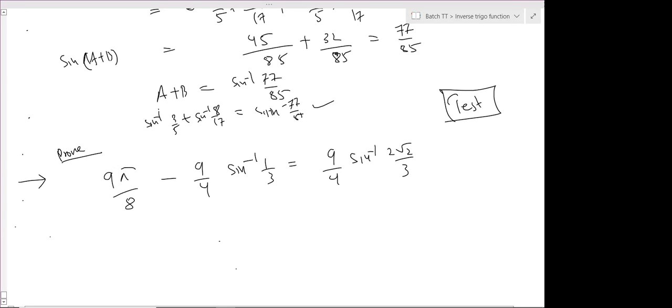All right, I'll give you a few minutes. I'll give you a hint. Try to take 9 by 4 common from the left hand side. Start with LHS. Write down the equation. Take 9 by 4 common. See what happens.